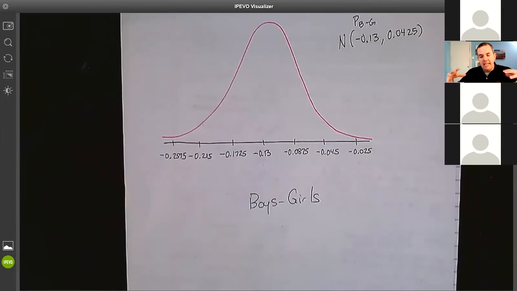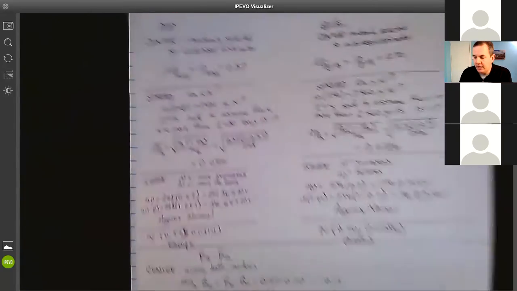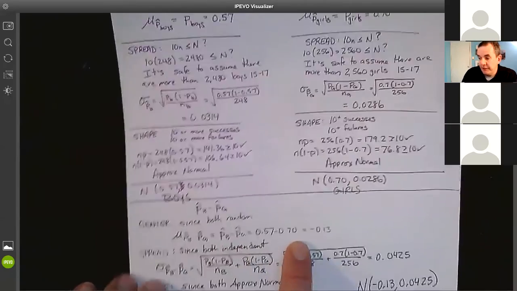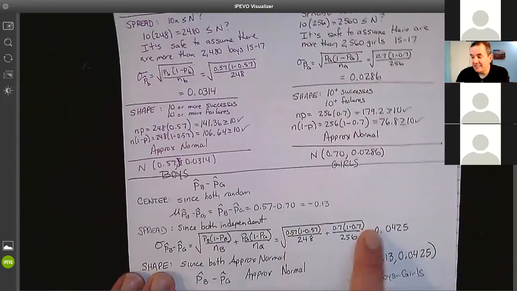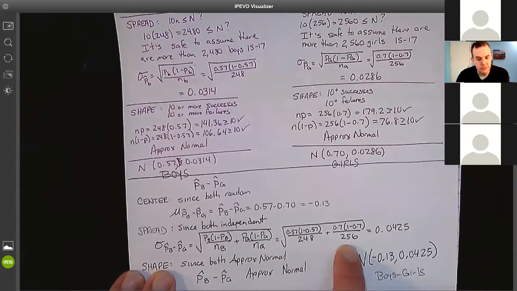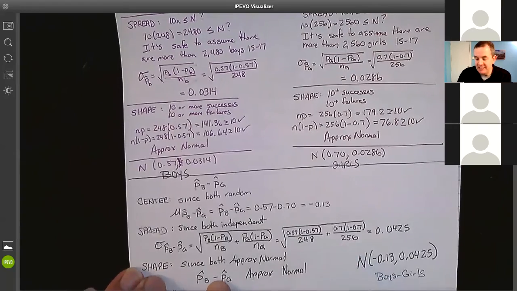So the idea of a sampling distribution when we're taking two of them together: the big thing to take away is that to figure out the difference, it is literally just subtracting the two proportions from each other. That's all it is. When we're figuring out the standard deviation, we have to use this rule. And the final piece is the shape.